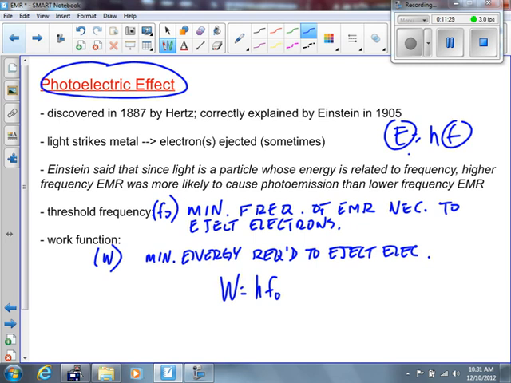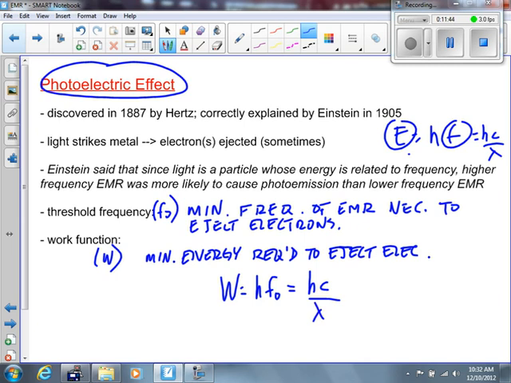Well, we also said, by the way, that E is equal to hf or hc over lambda. If we extend that to the work function equation, this part of the equation we didn't write down on Friday, it would be hc over lambda.